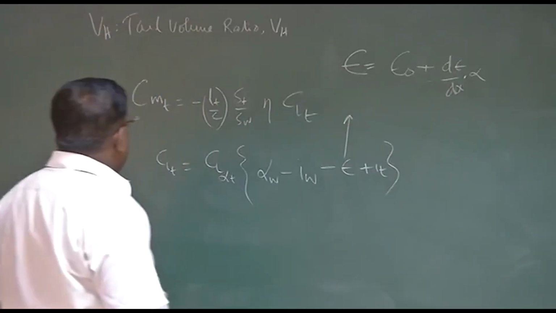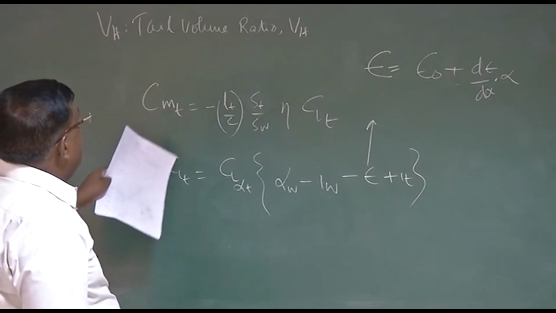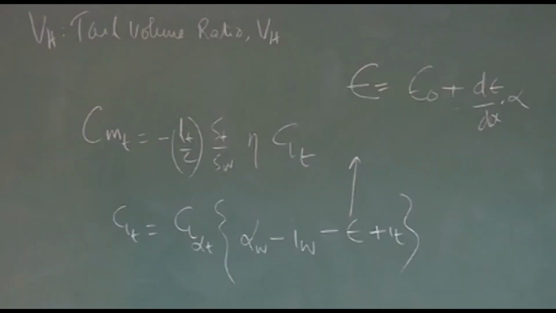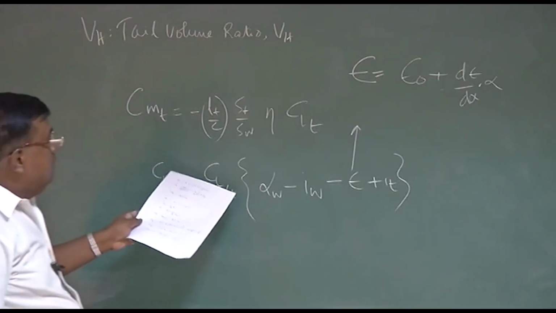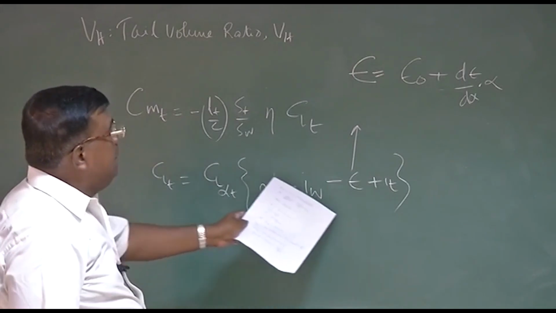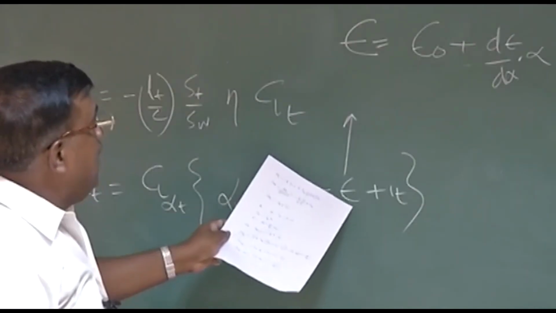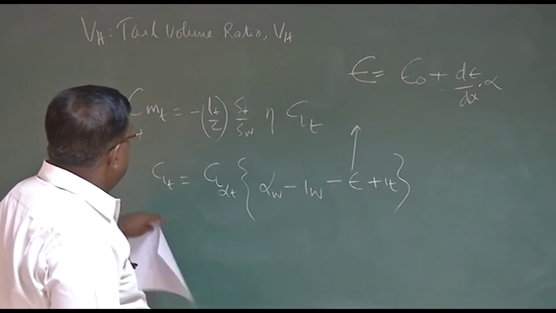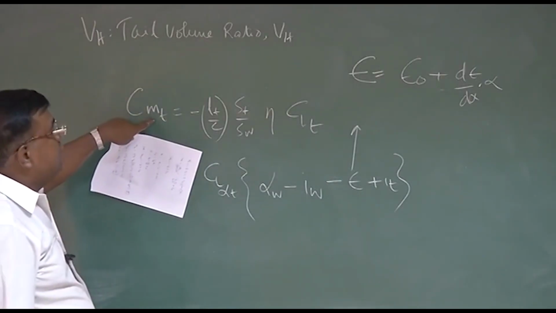So if I substitute here and resubstitute the CL tail, I can get an expression which I will write directly here. I take CL alpha tail into this angle at the tail and expand epsilon equal to epsilon naught plus d epsilon by d alpha into alpha. Then I put this term in this expression.